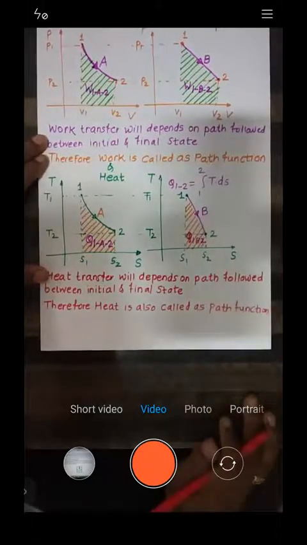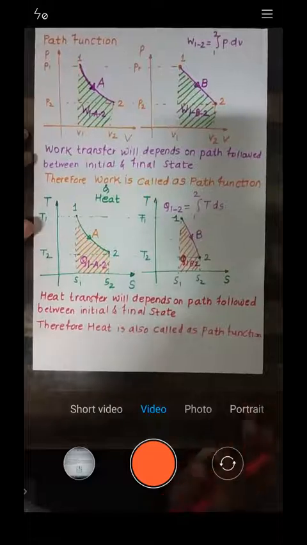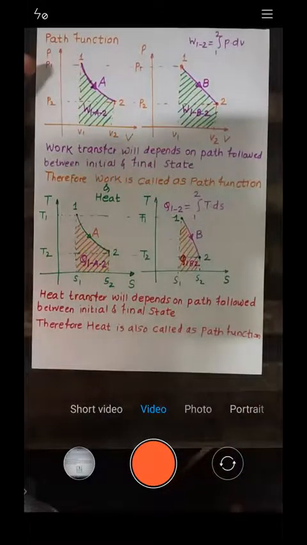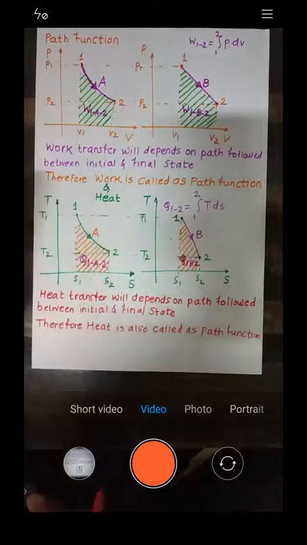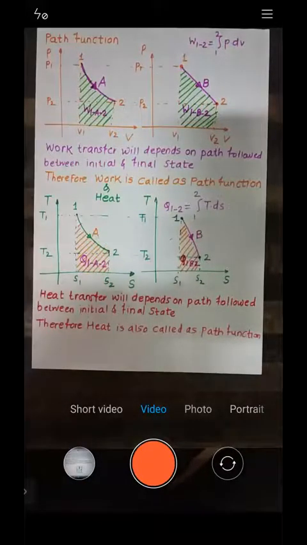Is it clear to each of you? Yes, sir. Is it okay with this one? Let me know, all of you. Yes, sir.